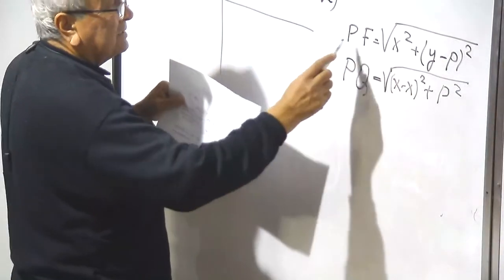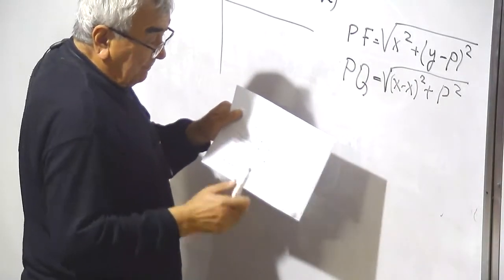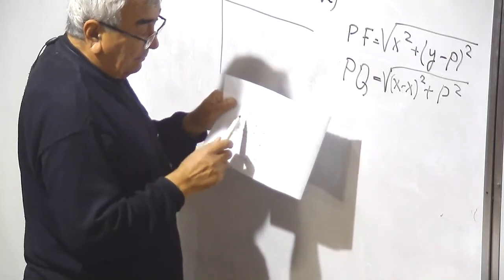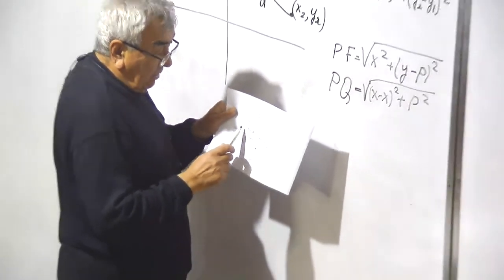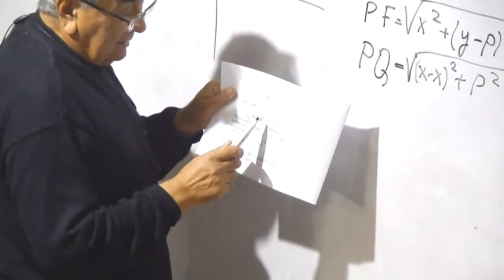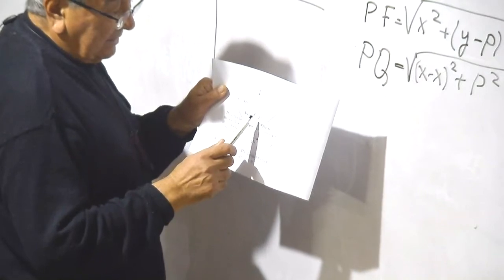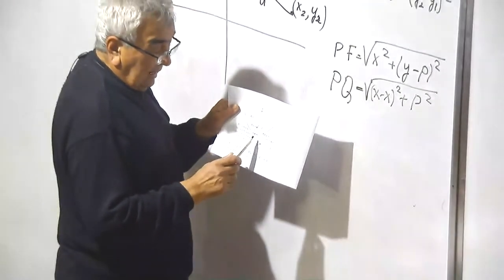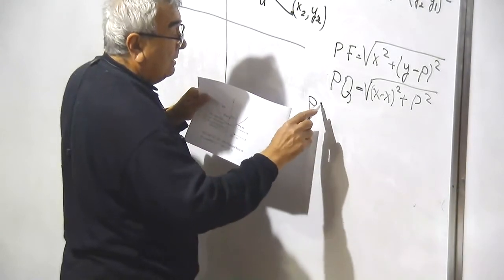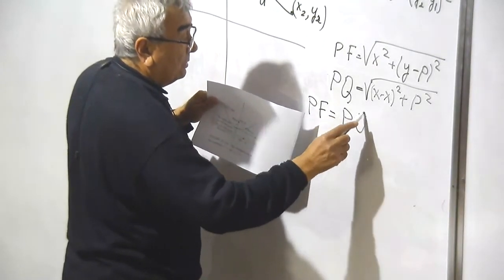According to the definition of the parabola, it is the set of points of the curve such that each point is equidistant from the focus and the directrix. That means PF should be equal to PQ.